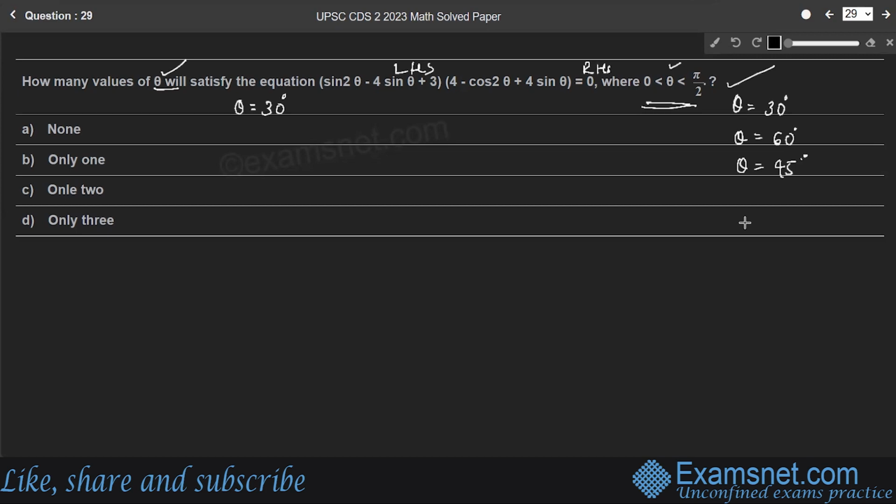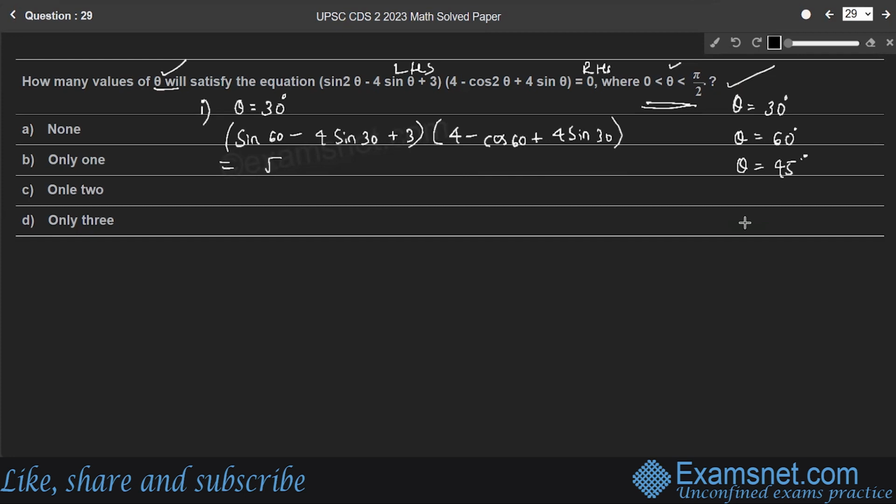So when theta is 30 degrees, sin 2θ becomes sin 60 degrees, minus 4 sin 30 degrees, plus 3, into 4 minus cos 2θ, so 2 into 30, that is cos 60, plus 4 sin 30 degrees. Simplify it.